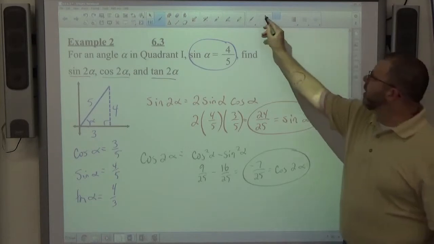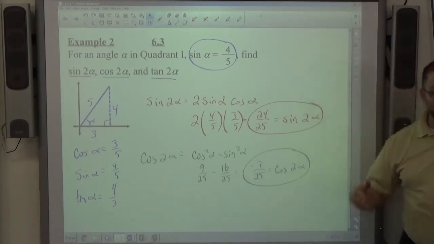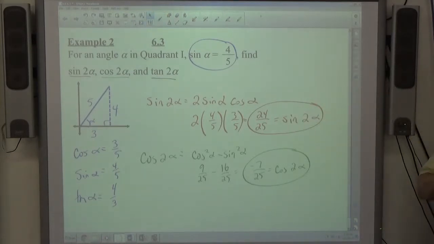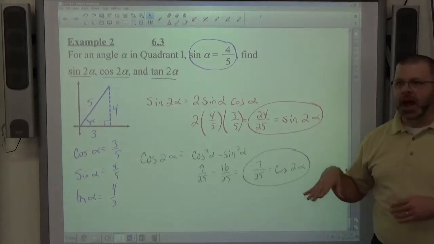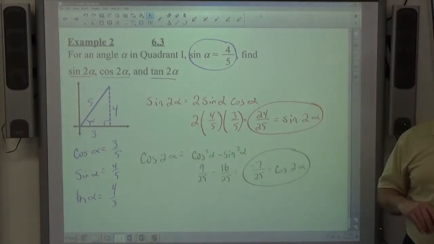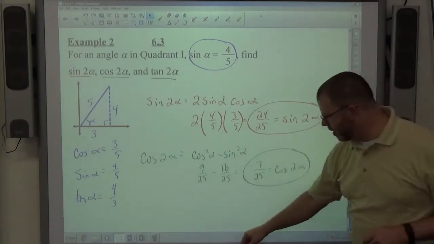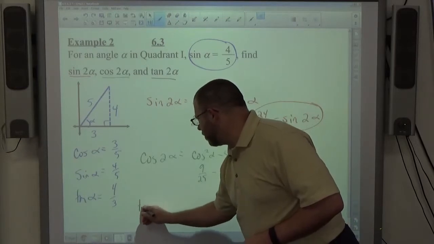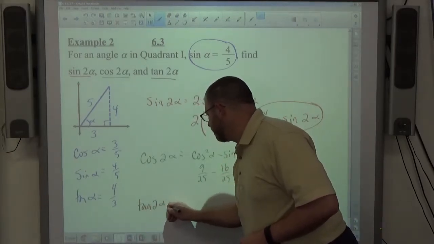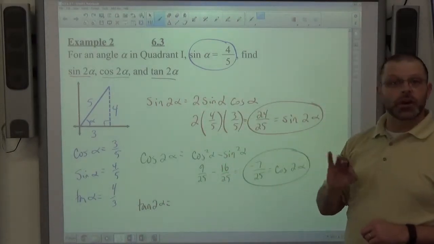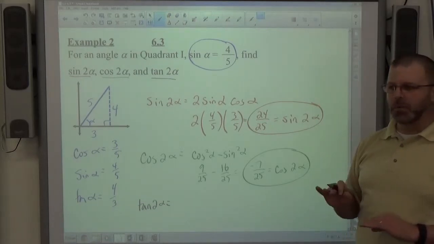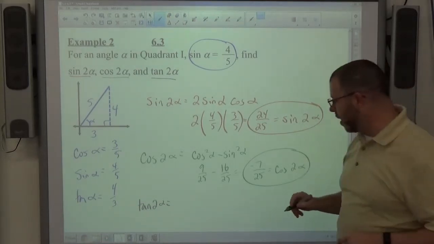Now, on the problems yesterday, we did sine of alpha plus beta, cosine of alpha plus beta, and tangent of alpha minus beta. I did that on purpose so that we couldn't do what we're about to do here, and you had to work your way through it. I'm going to do this in 2 ways. Number 1 is the way you want to do it if you have to find these 2 anyway. Tangent of 2 alpha is what we're doing. I'll show you an even shorter cut in a moment, but I want to show you where it's coming from so you understand why it works.